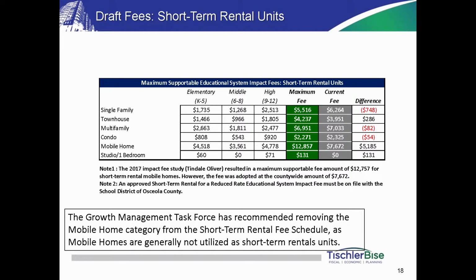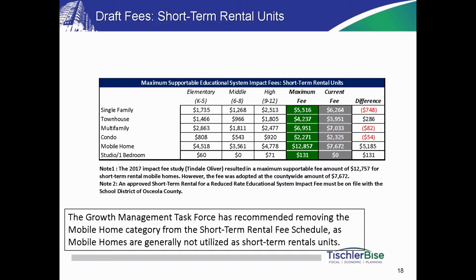And then the mobile home, that's the interesting one. The short-term rental number is actually higher by $5,000 than the county-wide fee. But if you look under note 1, that was also the same situation in 2017 with your previous study, where the maximum supportable fee of $12,757 for short-term mobile homes was calculated.